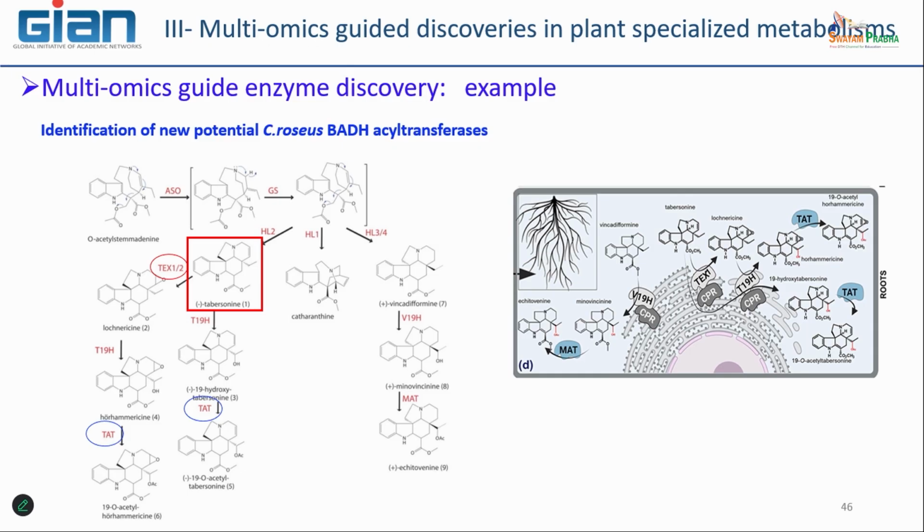After that, this substrate, locnericin, is taken in charge by the hydroxylase, the classical hydroxylase, that afterwards gives some intermediates that are taken in charge by the newly known acyltransferase, the TAT, to finalize the production of the final alkaloids in the roots. And this is the alkaloid that has the main activity for the plant, obviously, in the roots.